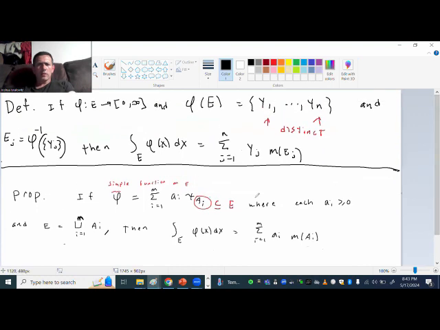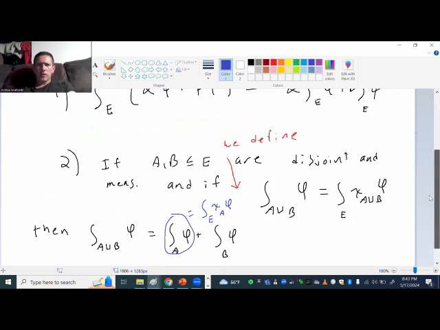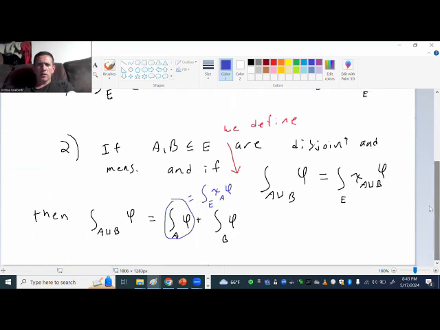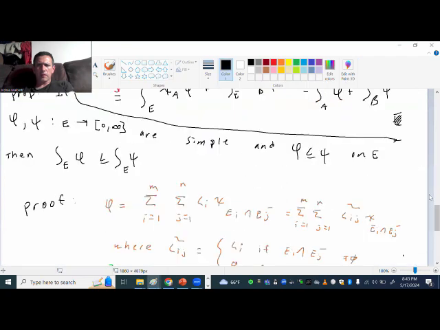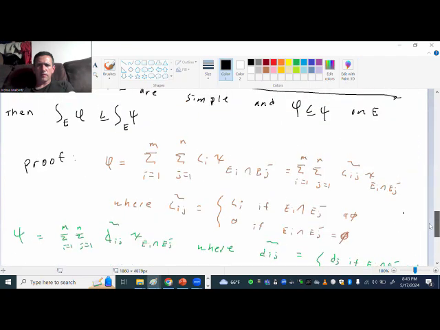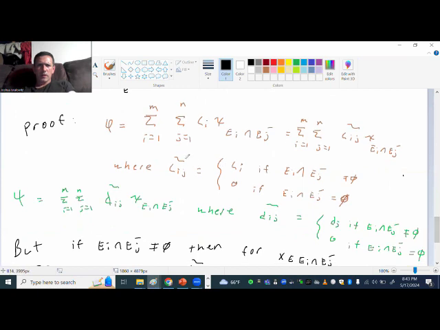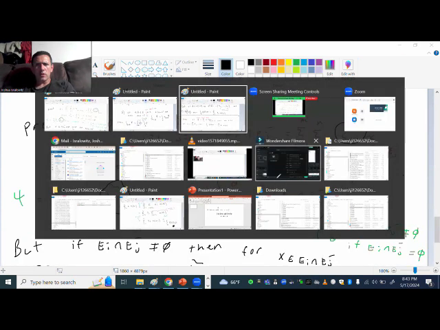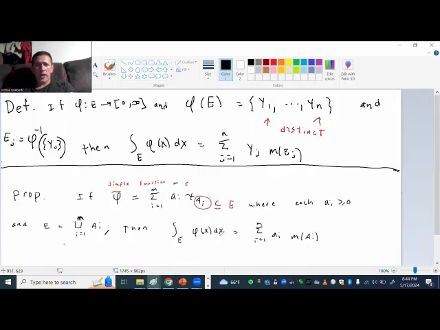I'm going to use the proposition twice. These here and these here are non-negative. The E_i intersect E_j primes both partition E, so I can use my proposition twice.